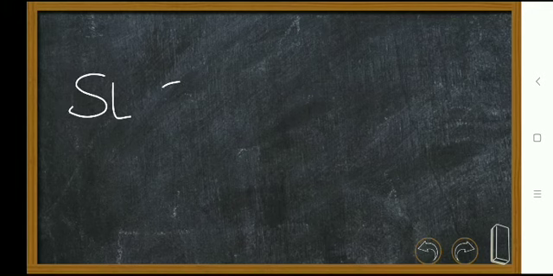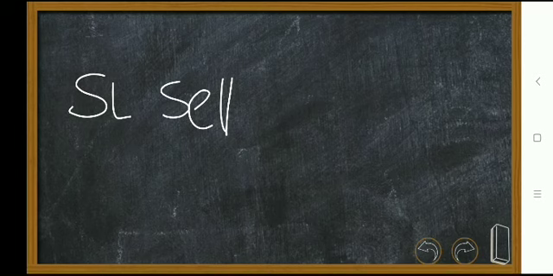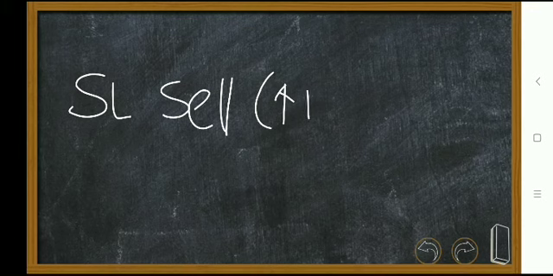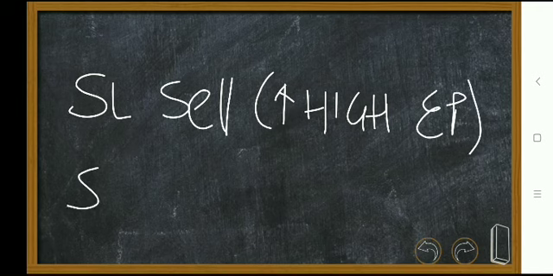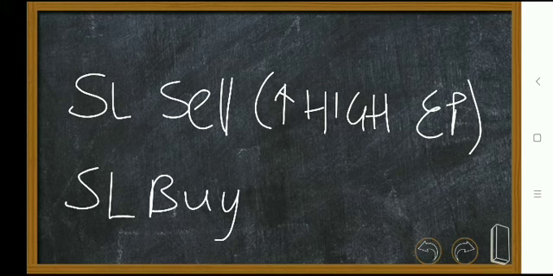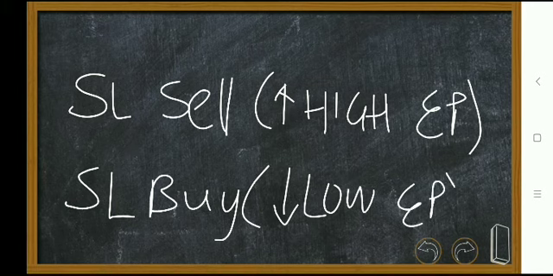SL for a sell order, when you've sold, it's higher than the entry price. And SL, stop loss for a buy, is lower than the entry price. The price you insert there should be lower.